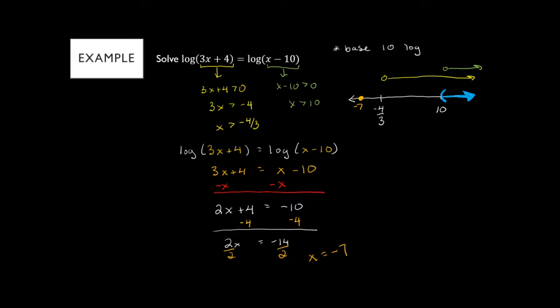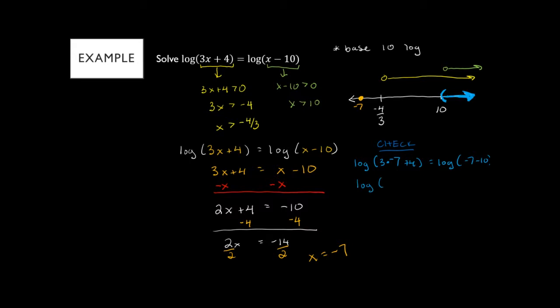To double check that this negative 7 is indeed not going to work, because it's not where we're expecting our answer to be, we will plug it in. So we'll have the log of 3 times negative 7 plus 4 equals the log of negative 7 minus 10.